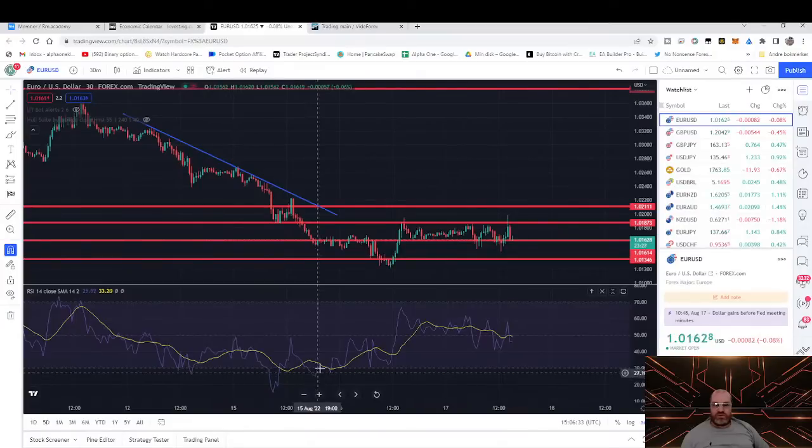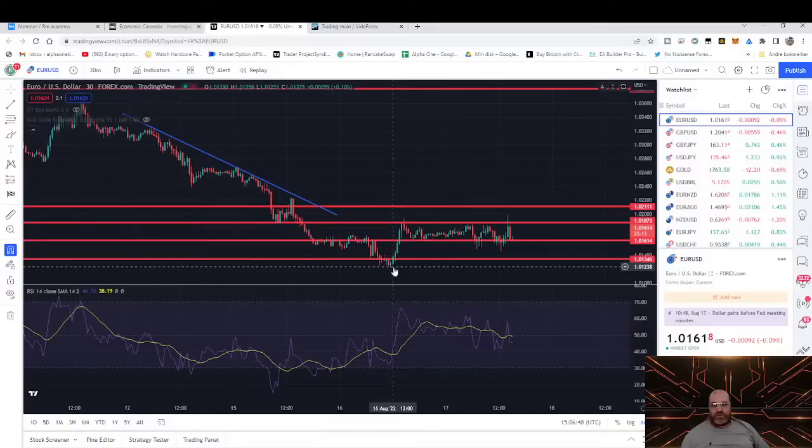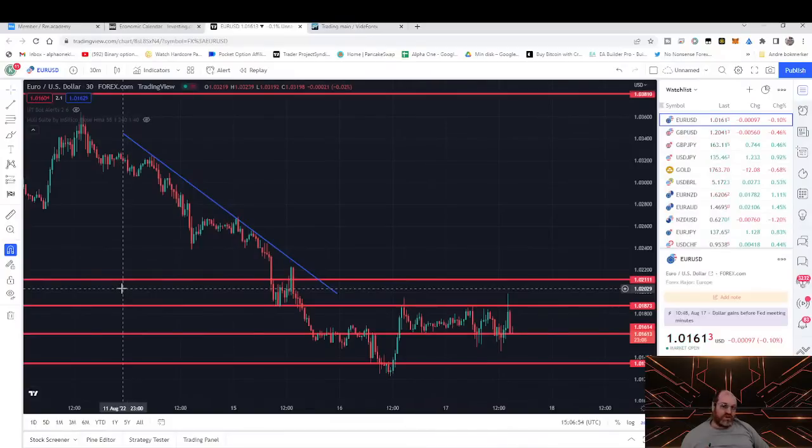If you start trading with it, like here for example, you put a buy position here, and what happened? You go down. Of course here you would be in profit, but the probability is that you would have closed here because you got worried. So don't use RSI. RSI can be good in some ways, but not by itself.